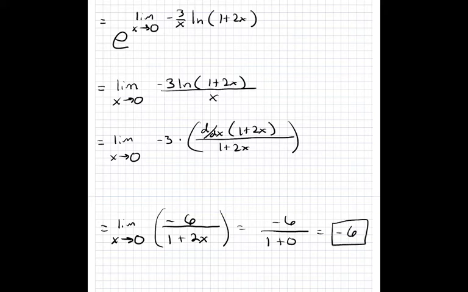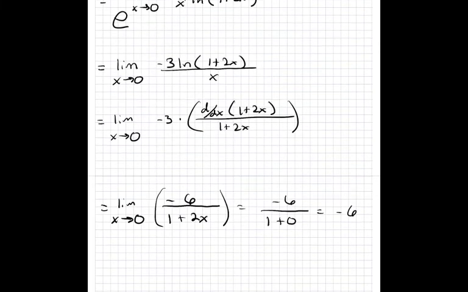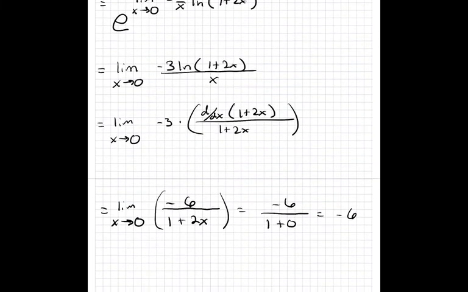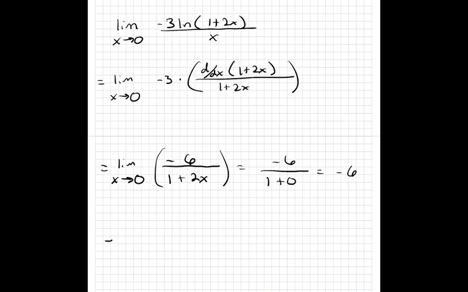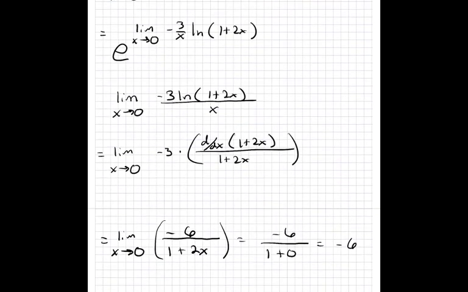Let me see. Oh, wait. We're not done there. This was just the limit of the top part. We need to go back and apply it to the change that we did. So earlier we had, and actually this equal sign shouldn't be there, e to the power of the limit as x goes to 0 of, let me just copy and paste.